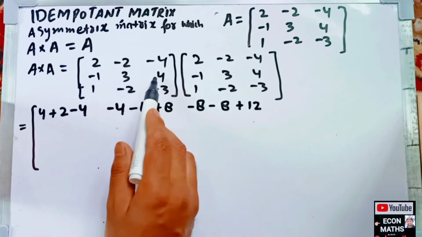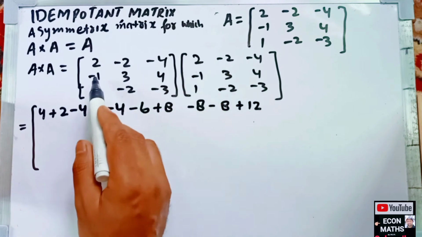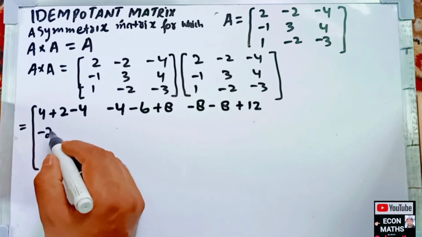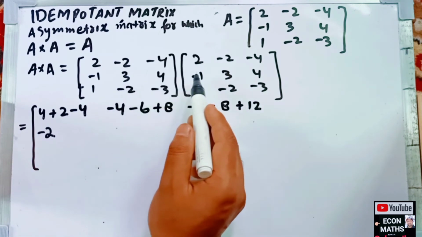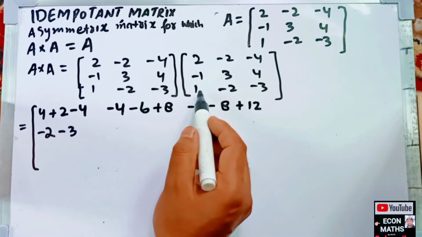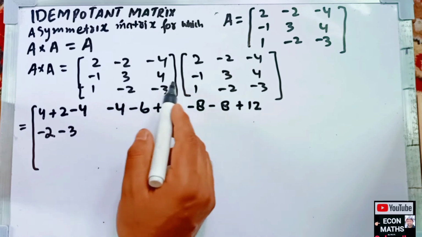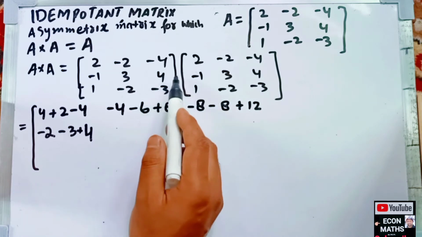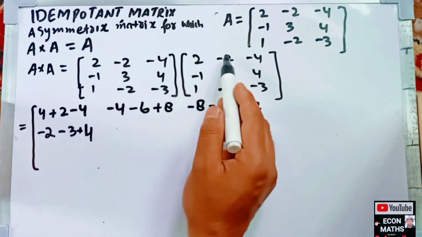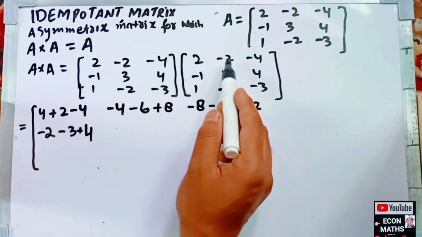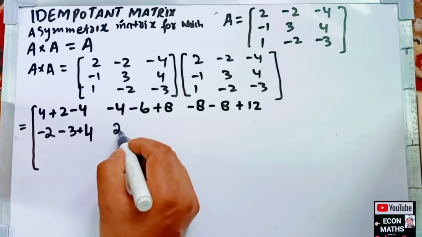Similarly second row, first column, that is minus 1 into 2, that is minus 2. Now 3 into minus 1, that is minus 3. Similarly 4 into 1, sorry, 4 into 1 is 4. Similarly second row and second column, that is minus 1 into minus 2, that is plus 2.